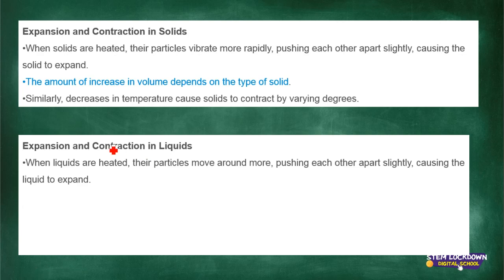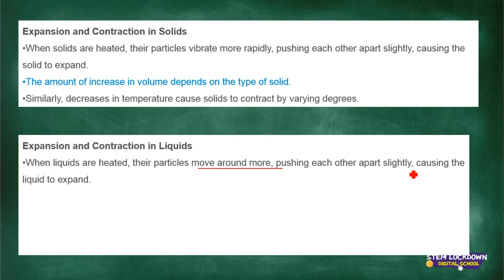Now, expansion and contraction in a liquid. When liquids are heated, their particles move around more and push against each other slightly, which causes the liquid to expand. You can look at your kettle boiling.